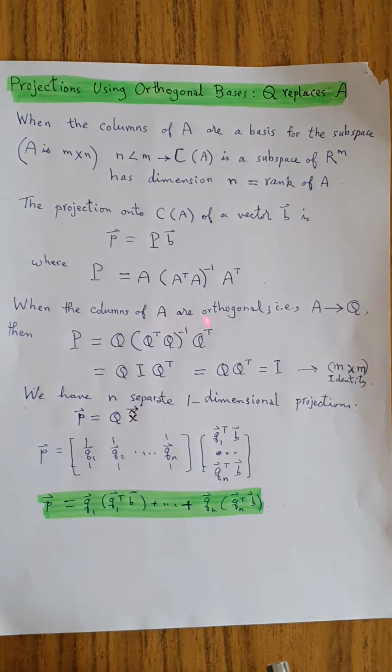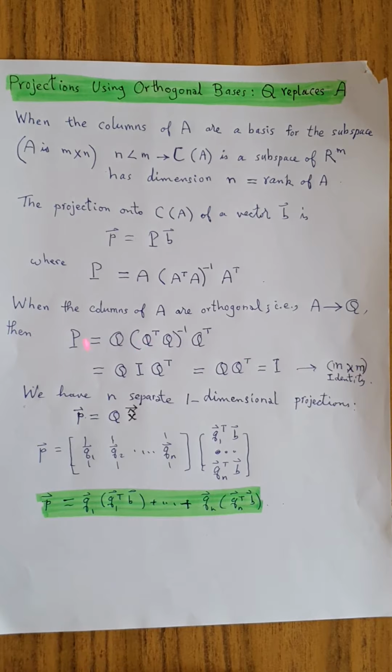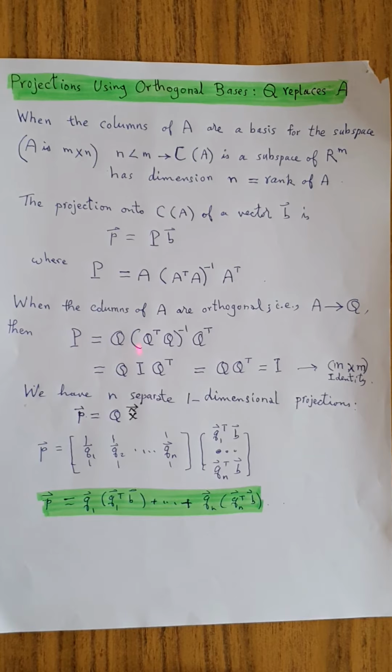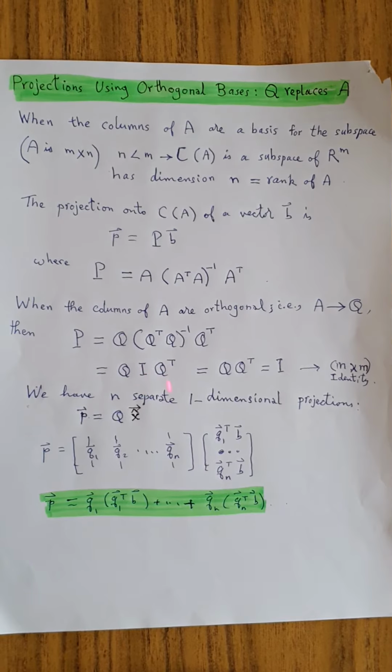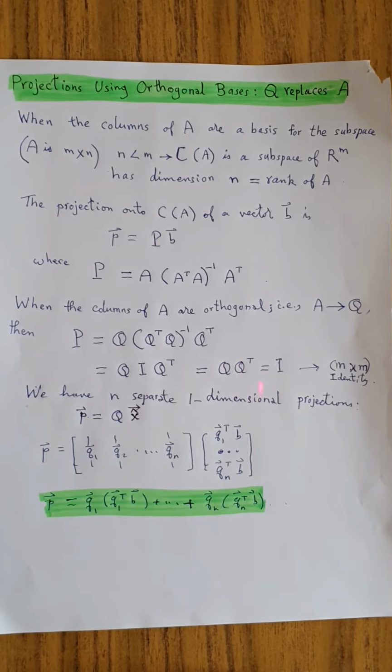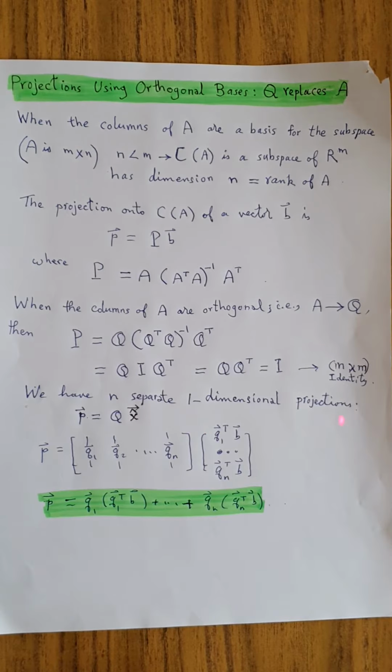When the columns of A are orthogonal, that is A goes to Q, then P is Q times (Q transpose Q) inverse times Q transpose, which is Q times I times Q transpose, which is Q Q transpose, and Q transpose Q equals I, which is m by m. Okay, we have n separate one-dimensional projections. p equals Q times x hat.